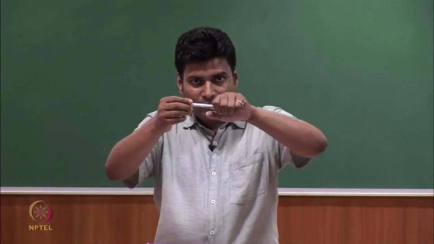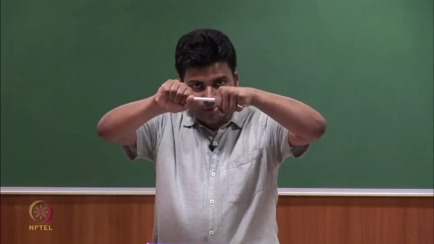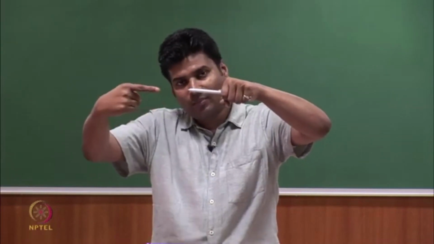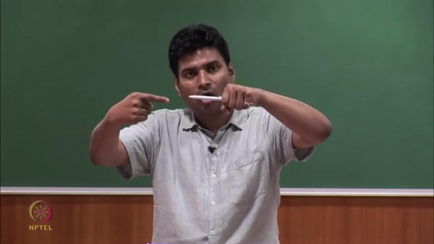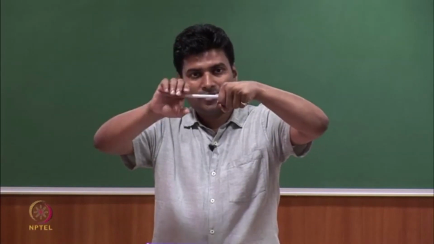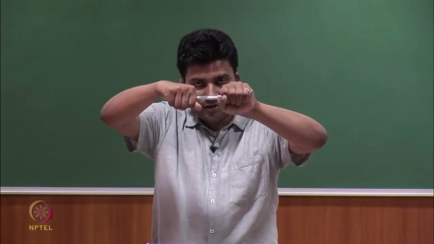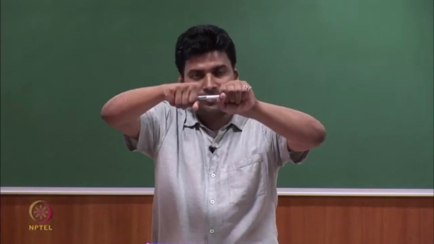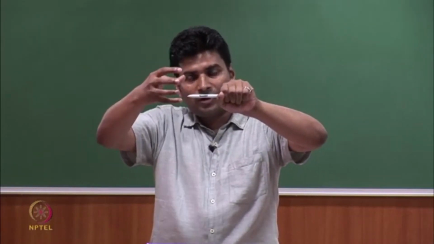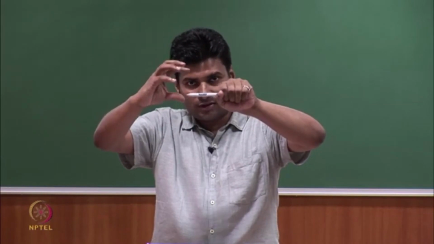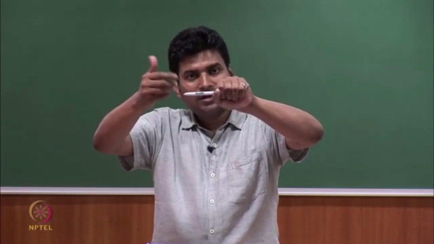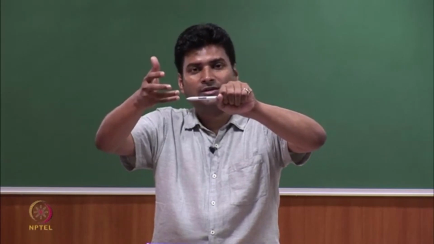But now, if you apply a moment, a torque. Whenever the moment is parallel to the axis, we call it torque. So, if you apply torque, the cross sections are now undergoing rotation. When a cross section is rotating, due to that rotation, some u theta is going to generate, is it not?